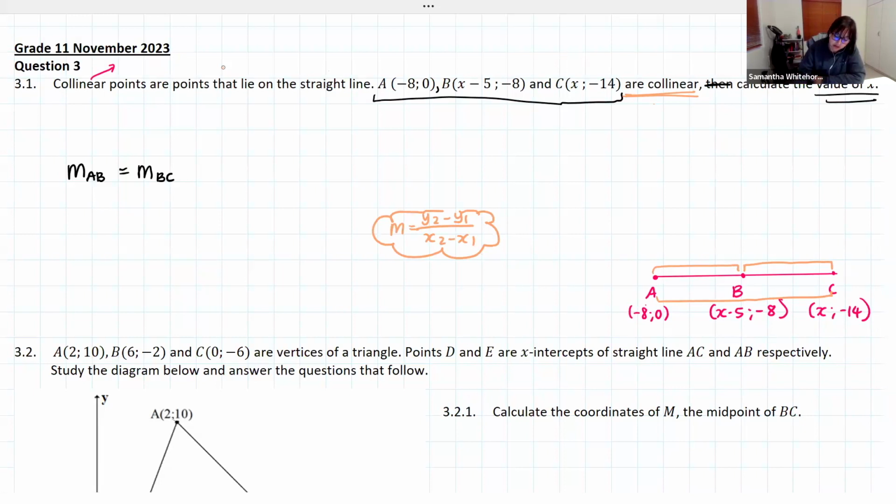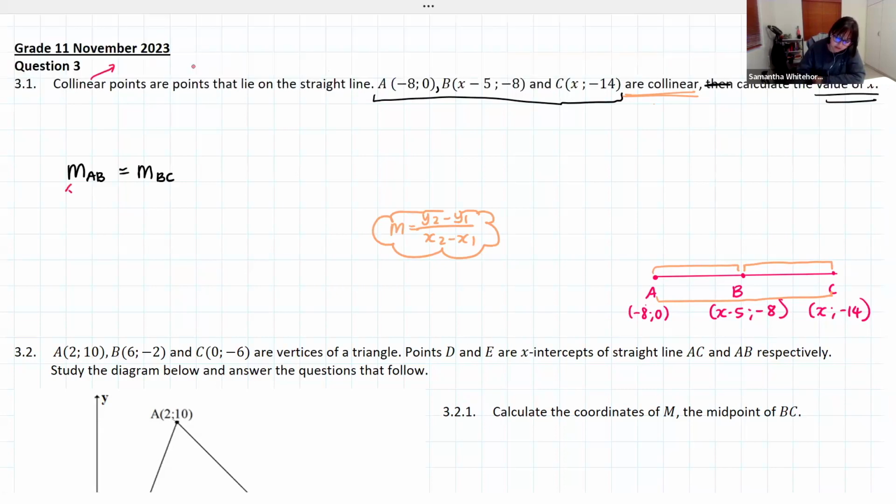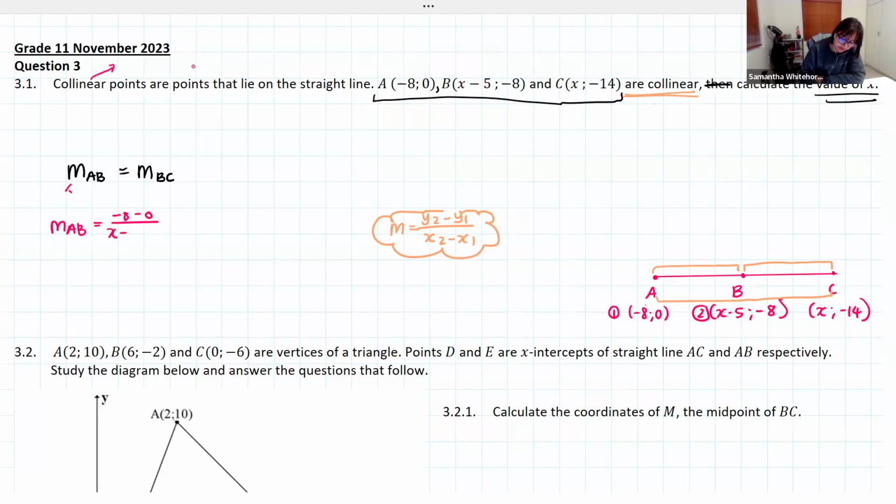So I'm going to say for the first gradient, of AB, this is point 1, point 2. So the gradient of AB, y2 is -8 minus 0 over x minus 5 minus -8. So we can neaten that up a bit. Numerator is just -8, denominator is x plus 3, because minus 8 is plus 8.